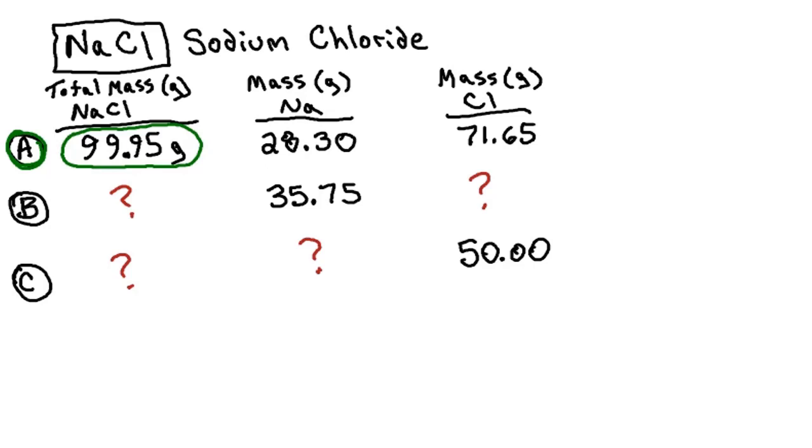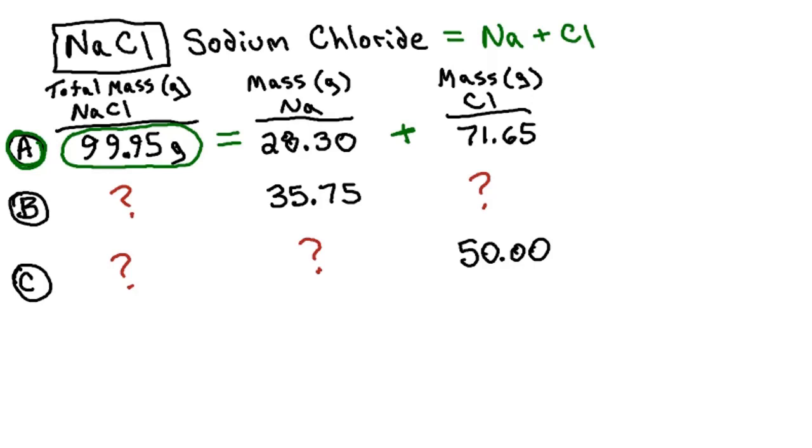And that means, since this is the total mass of sodium chloride, and sodium chloride is made up of sodium plus chlorine, that this 99.95 grams is equal to the mass of sodium in grams plus the mass of chlorine in grams. And that's this 28.30 grams plus 71.65 grams. So that first line is already done for us.